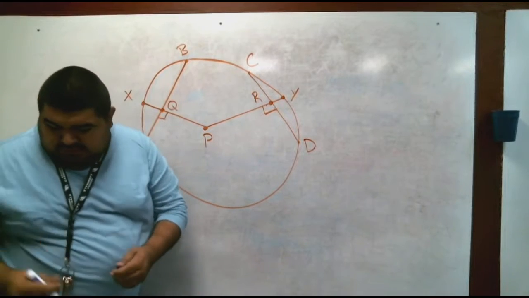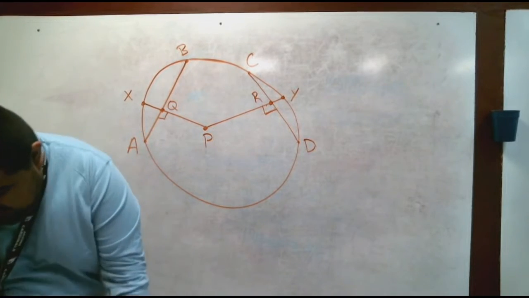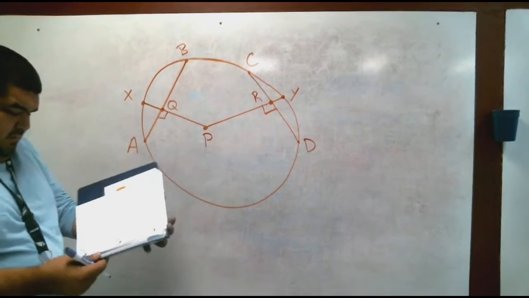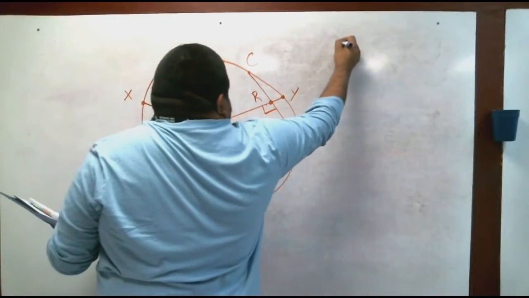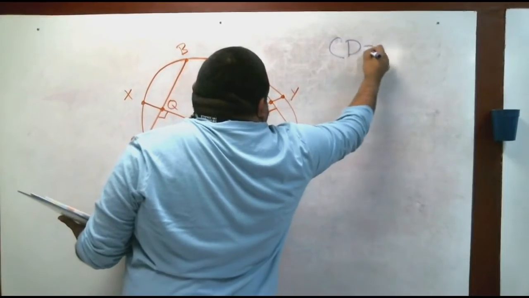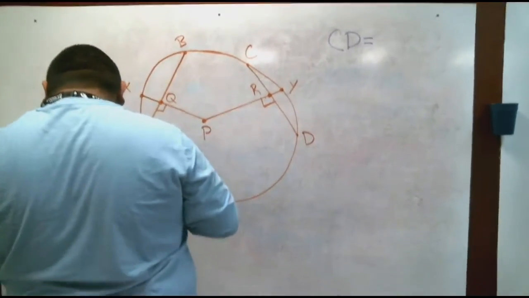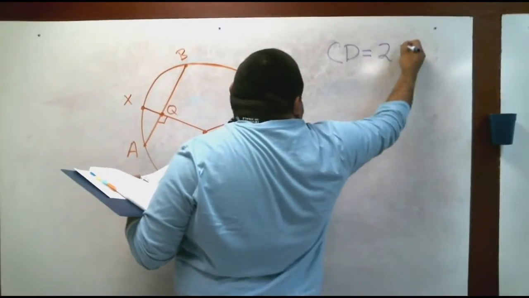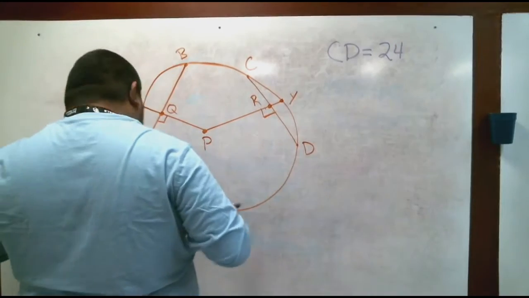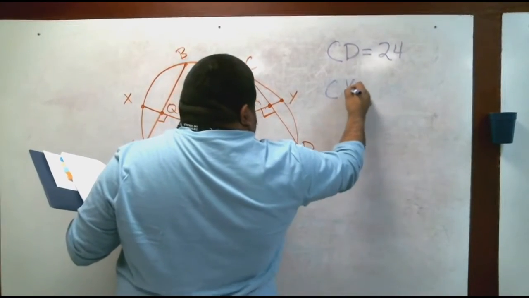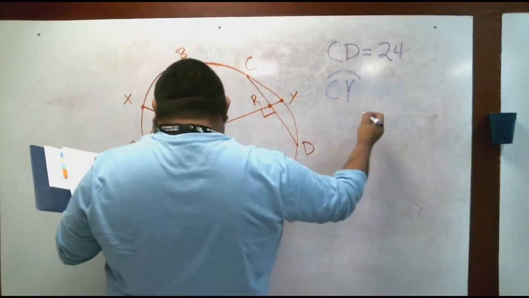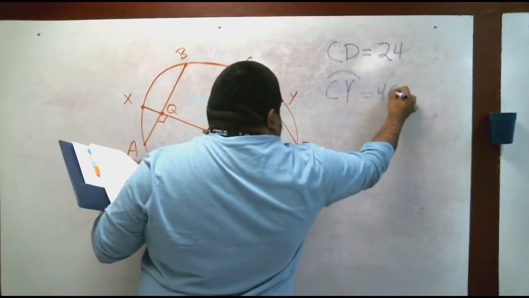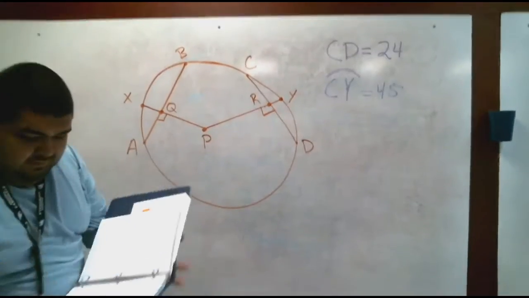you have CD equals 24, okay? And arc YC equals 45, okay?